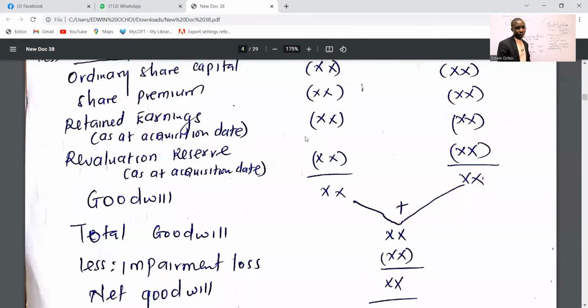So you get the total goodwill. You know that goodwill is impaired. It's like fixed assets are depreciated. Goodwill, you impair. Impairment is an expense. The net goodwill is a non-current asset.